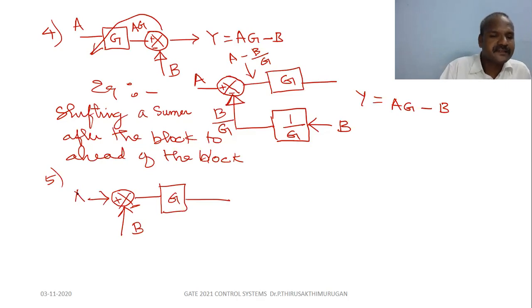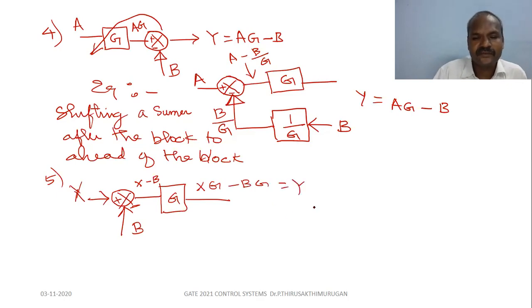X minus B into G, so XG minus BG equal to Y. How to alter when we shift from before the block to after the block?